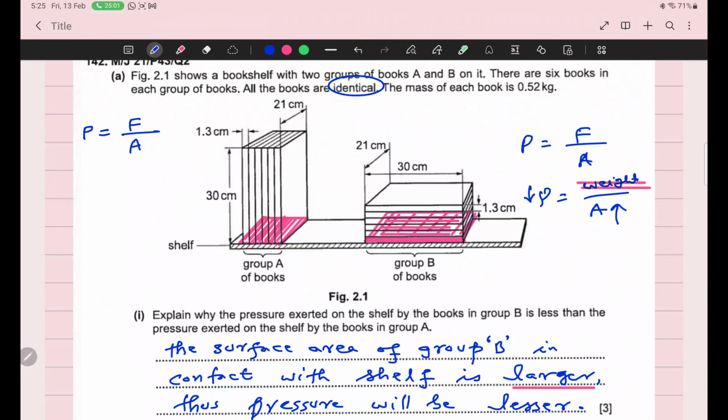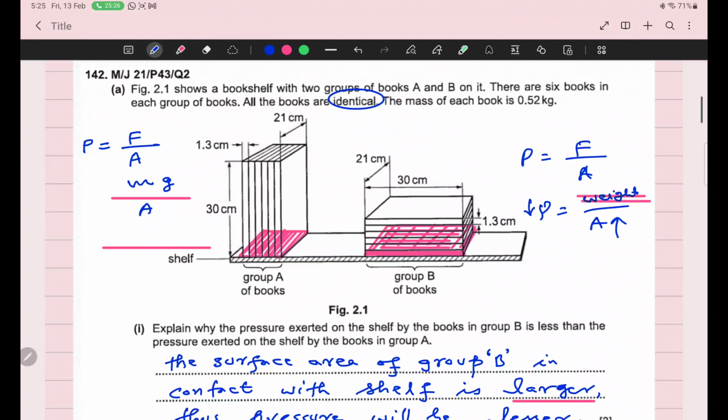Beta Manur, for calculation of pressure, I need force. What is the force which is acting on the shelf? Yes, it is the weight. And you know the weight formula is mg. What is the mass of each book? 0.52.